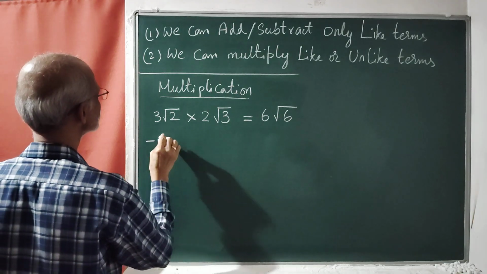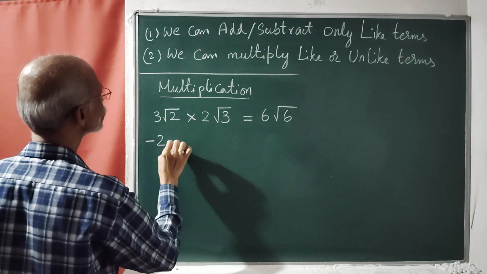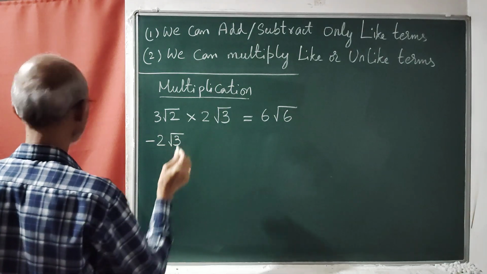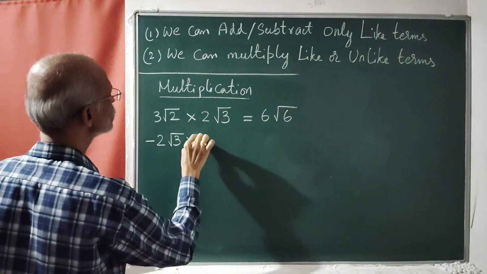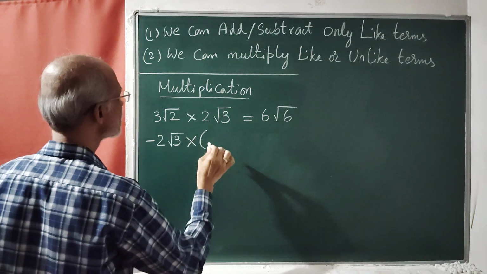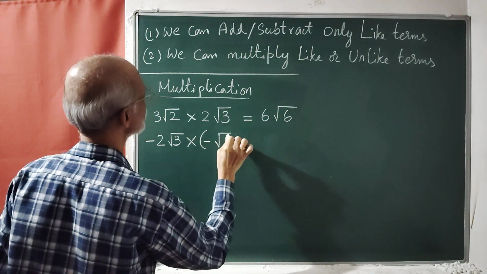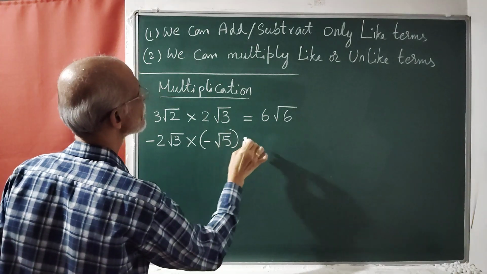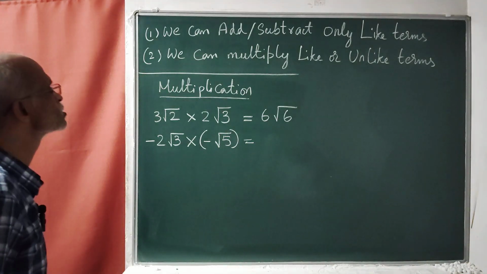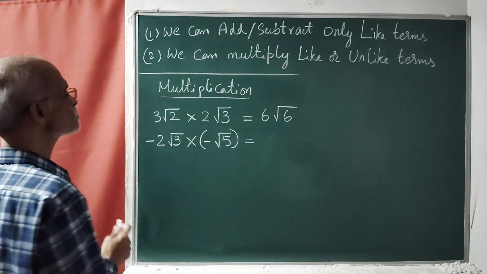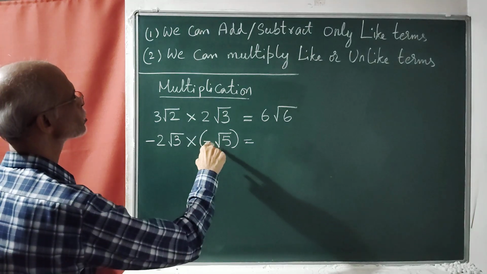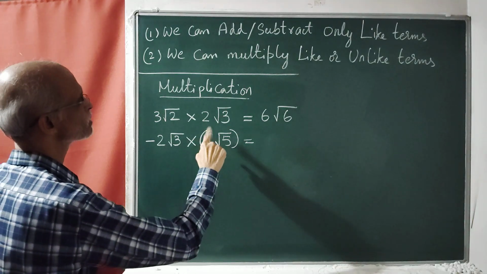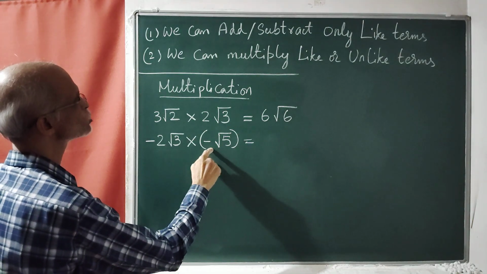Next, minus 2 root 3 into minus root 5. You can see here the number outside is minus 1.